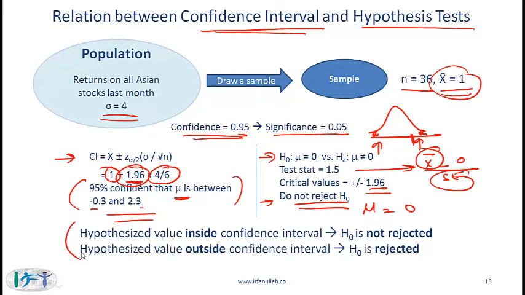Now, to put this more formally, if the hypothesized value is inside the confidence interval, which is the case over here, the hypothesized value of 0 is in the confidence interval, then the null hypothesis is not rejected. That is the situation we have given the data that we collected. However, if the hypothesized value is outside the confidence interval, then the null hypothesis is rejected.